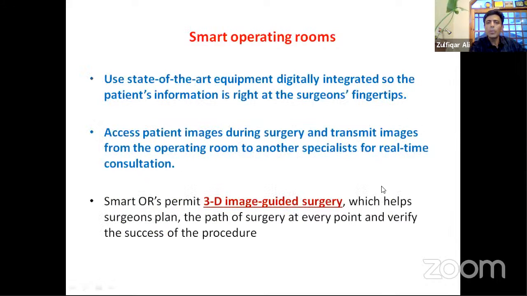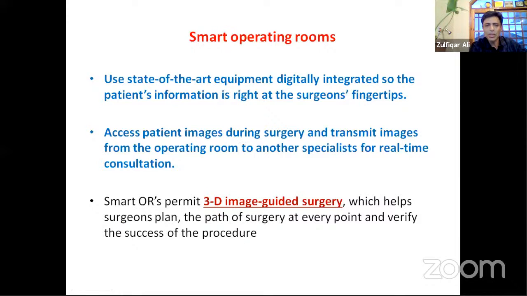Coming to the smart operating rooms, what they do is collect the patient's information from various sources through various digital devices, and it is incorporated into a central device that is placed within the operating room.